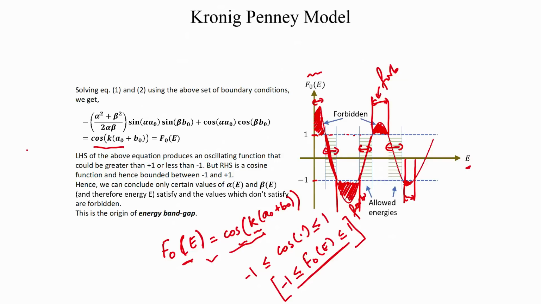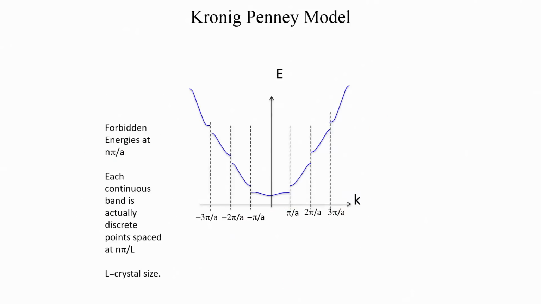So if we were to now plot E versus K, we saw that f of E is equal to cosine K times A naught plus B naught, and A naught plus B naught is equal to A. If we were to plot E versus K, we would end up with a plot looking like this. Here these little blue curves are all very finely spaced energies. It's almost continuous energies. And the electrons are only allowed to occupy these energies.